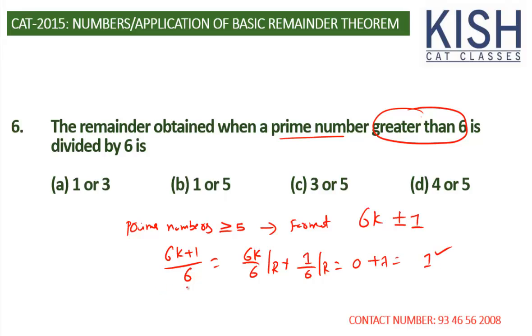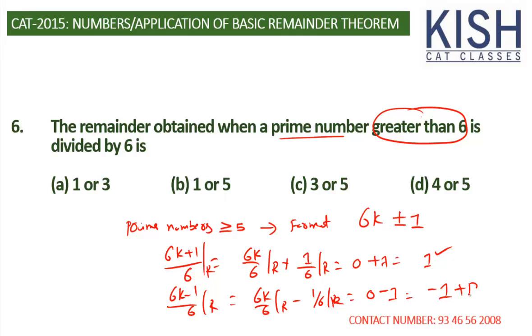In the other case, if we take 6k minus 1 by 6 remainder, that is 6k by 6 remainder minus 1 by 6 remainder, so that is 0 and then minus 1, so the remainder is minus 1. The remainder can't be a negative number, so whenever we come across a negative remainder, we just need to add the divisor to it to get the original remainder. Since the divisor is 6 here, minus 1 plus 6 is going to be 5.